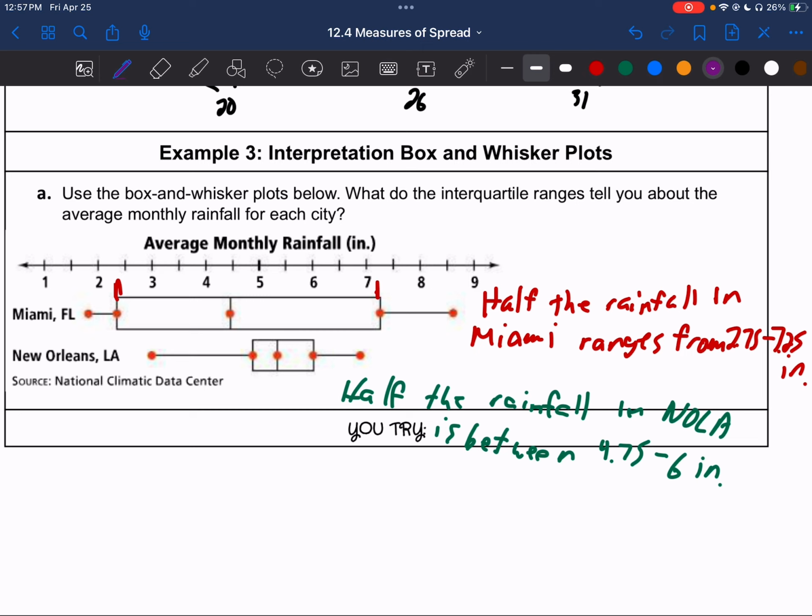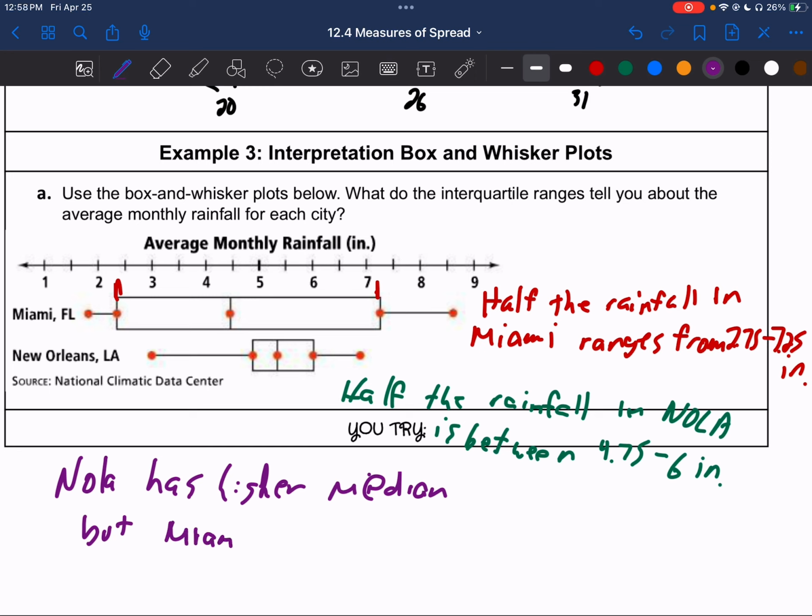New Orleans, so NOLA, has a higher median, but Miami has more variation.